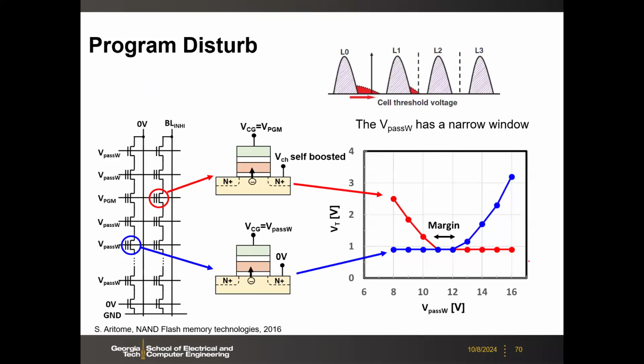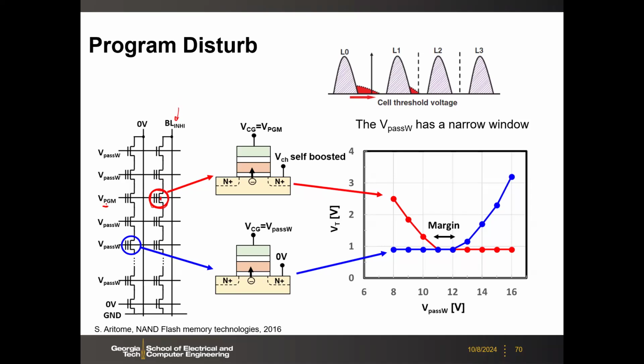And then let's talk about the program disturb. We actually mentioned this before. For the programming scheme, we will have this inhibition voltage, right? For this cell, we hope the channel potential is raised up.